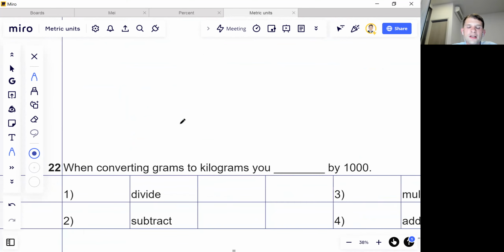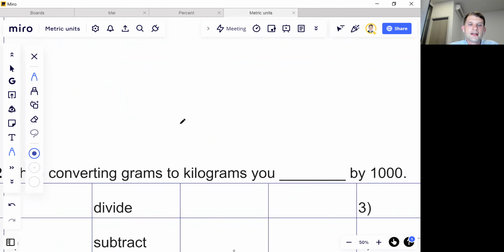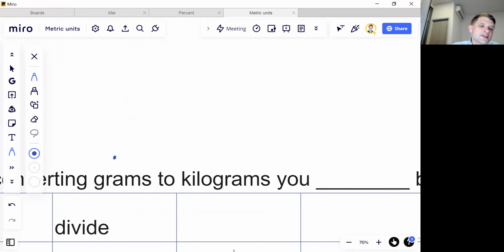It says when converting grams to kilograms, you blank by 1,000. Okay. In this case, we're going from a small unit, or a little fly. And we're going to a big unit, another beautiful horse. This one might even be more beautiful than before, perhaps. We never know what's going to come out here.